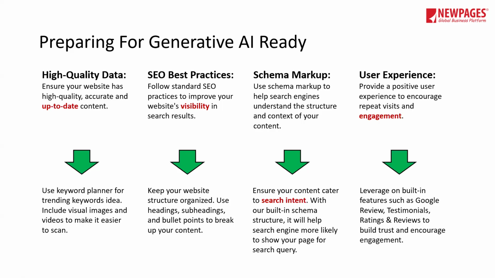And the last one is user experience. As you can see from here, moving forward, Google as a search engine gives a lot of emphasis to user experience. How do you differentiate?